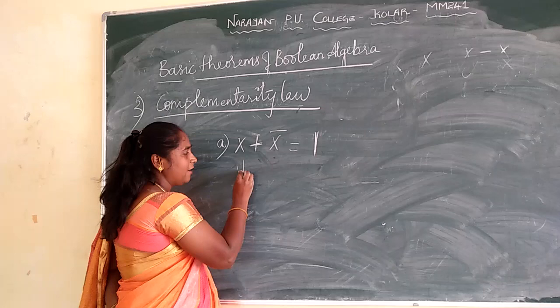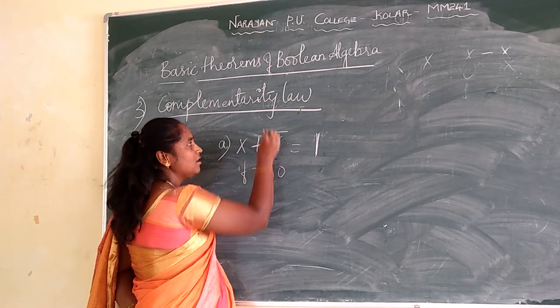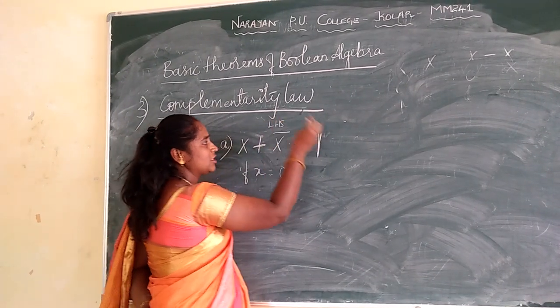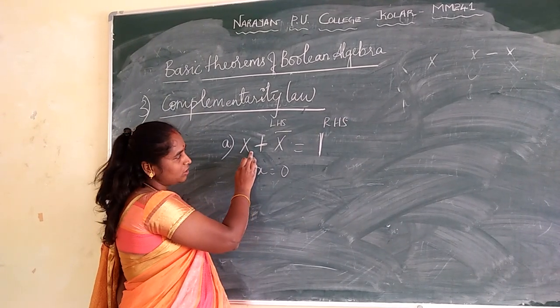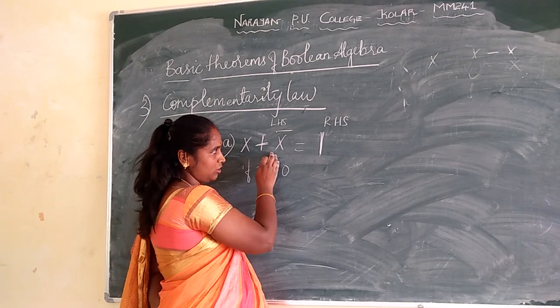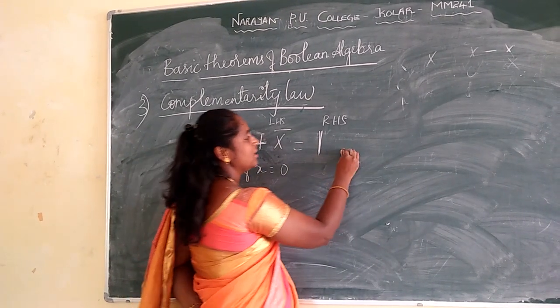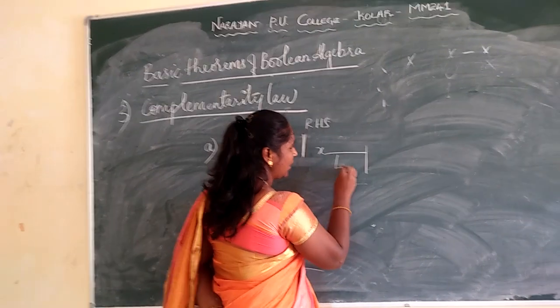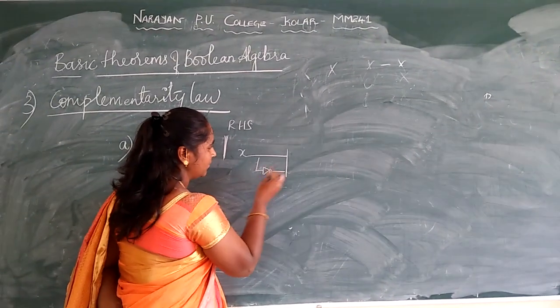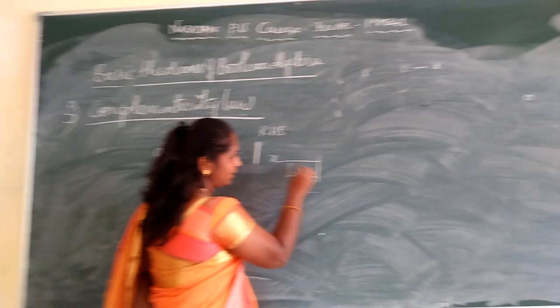First, consider x as the variable, with this as your LHS and this as your RHS. The logic circuit of this expression is x, with an OR operator, and x bar.